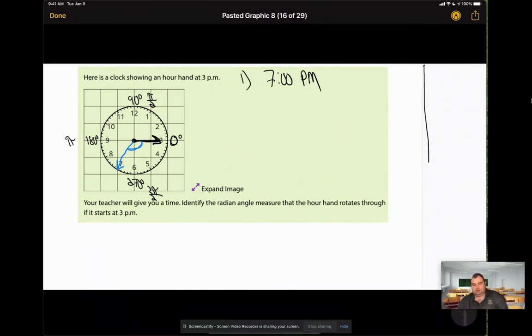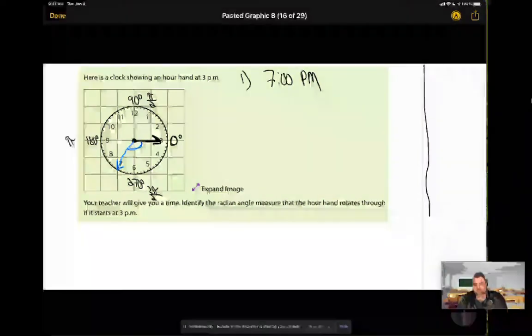I know that there are 12 numbers on a clock. I also know that going around the clock one full time is 2 pi radians, or 360 degrees.